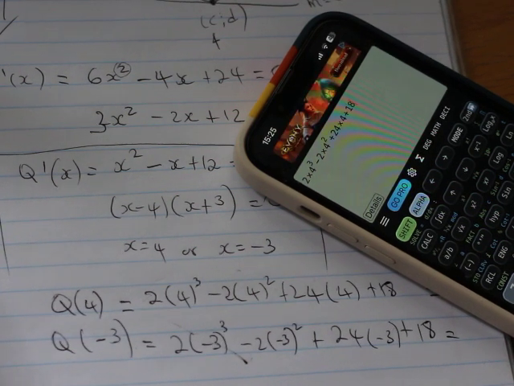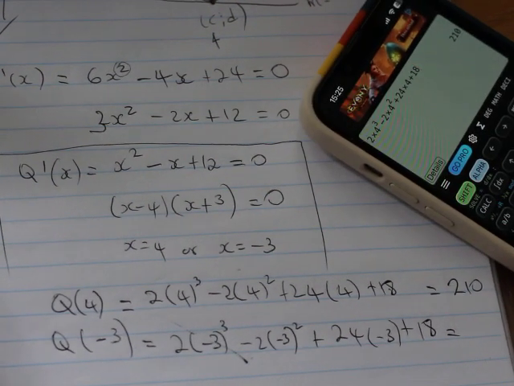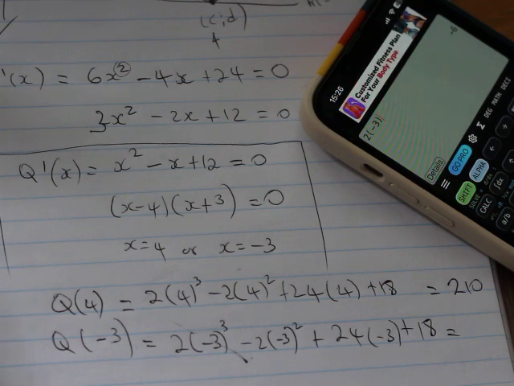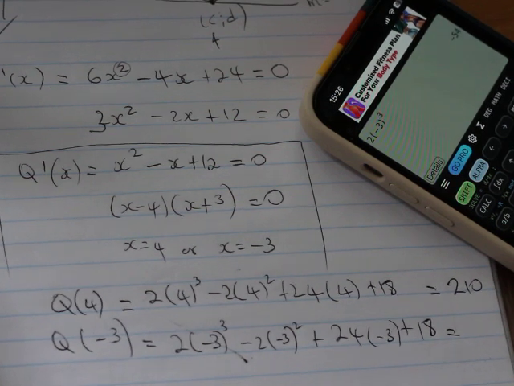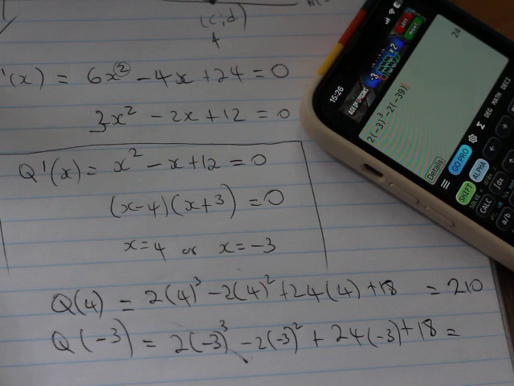So you can see that it gives us 210 here, and then the other value is minus 3. So 2 into negative 3 cubed, and then minus 2 into negative 3 squared, and then plus 24 times negative 3 plus 18.